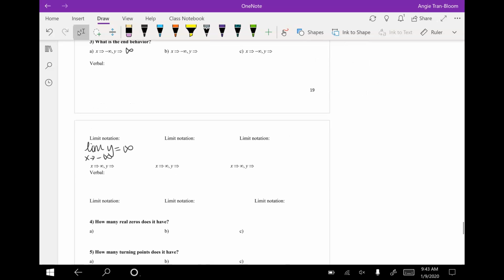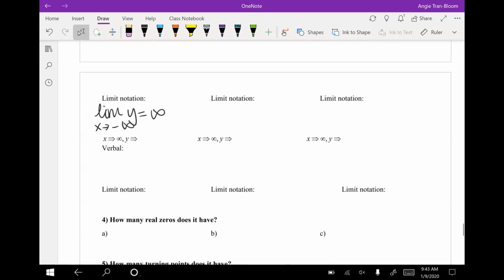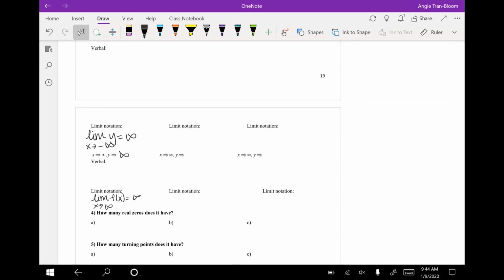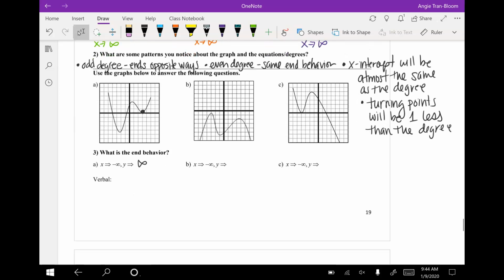And we answer the right side the same way. As x approaches infinity, y was approaching infinity, right? So limit as x is approaching positive infinity. Can I use f of x if you like f of x better? Yeah, you can use y or f of x, or g of x or h of x. How many real zeros does this first graph have?